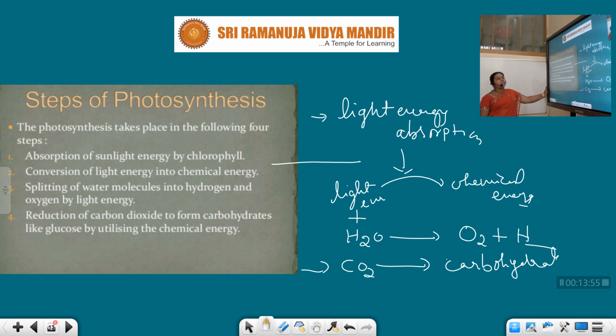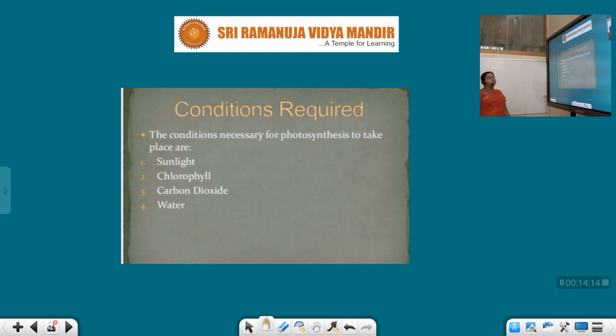See, the absorption of sunlight energy by the chlorophyll, conversion of light energy into chemical energy, splitting of the water molecule into hydrogen and oxygen by the light energy, and reduction of carbon dioxide into carbohydrates. These are the main steps involved in the process of photosynthesis. Conditions required: what are the appropriate conditions required for photosynthesis?